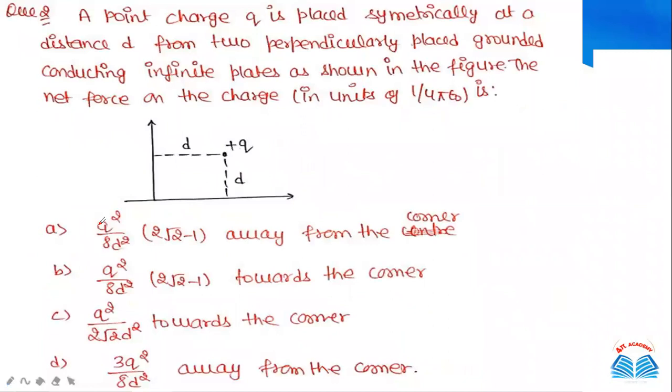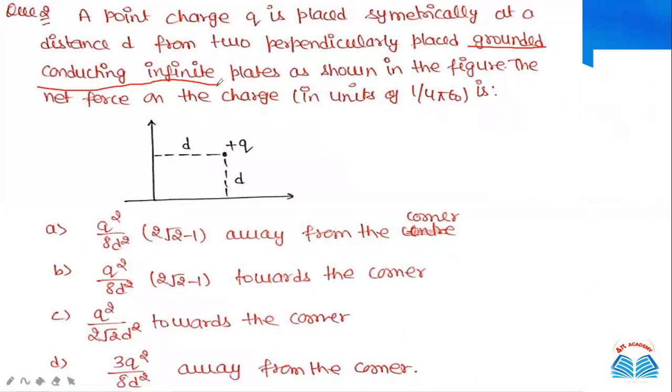Second one. A point charge Q is placed symmetrically at a distance d from two perpendicularly placed grounded conducting infinite plates as shown in the figure. You can see in this figure there are two perpendicular grounded conducting plates. So I am telling you that just pick these words: grounded, conducting, infinite.